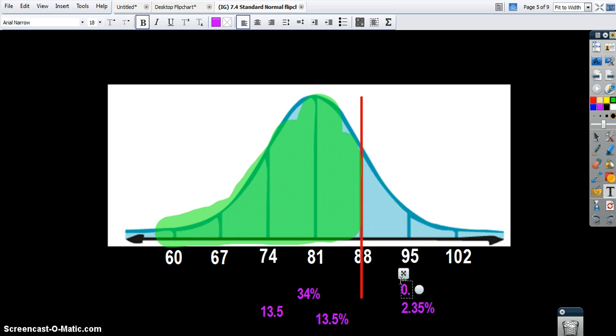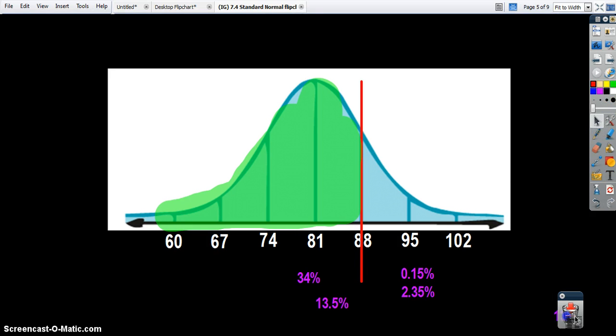This one I'm going to copy because I have two of those here and here, then here and here, and way out here.